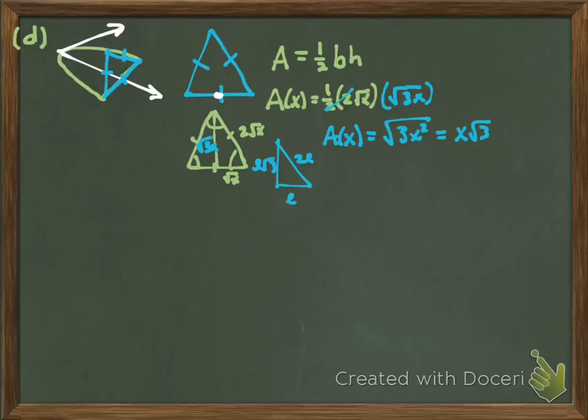So then my integral is 0 to 4, and I'm going to put my square root of 3 out front because I can. And then my inside function is just x dx, and this would give me the volume of that solid.